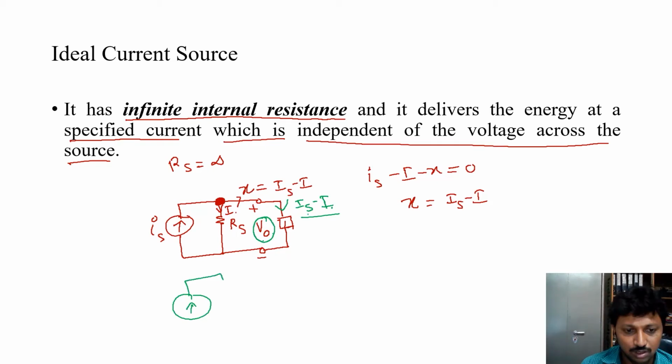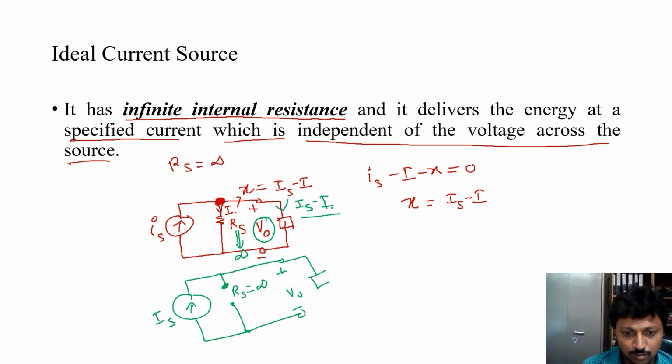This is Rs, which I write as infinity, and this one is the Is. Same circuit, but Rs is infinity. This is V0, plus and minus, and this is the load. I forgot to put the load. What happens in this case? This I is equal to 0, and this I am going to write as X.